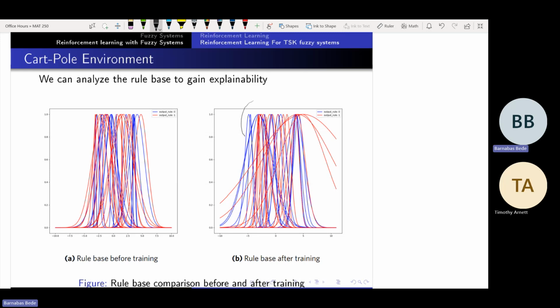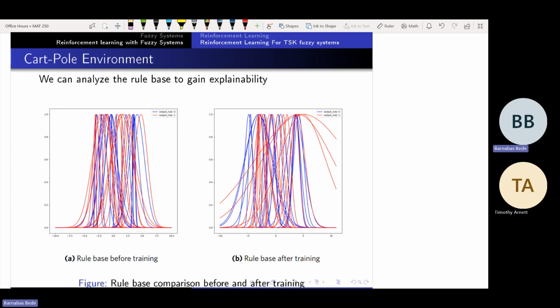Left is the blue ones, right is the red ones, and they dominate each side. So if the latent variable is in this region, most likely I need to go left. If it is in this region, I most likely need to go right. Of course, this is not perfect information and not a perfectly explainable system, but at least we gain some insight into what's going on in the system.